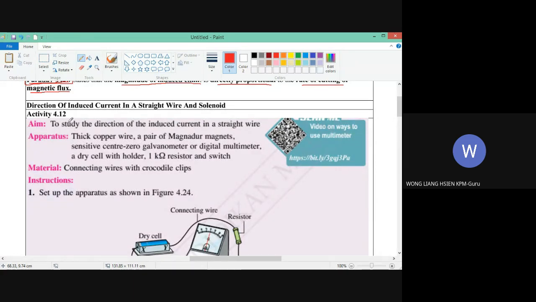That is what we want to learn here, to find out the direction of the induced current.